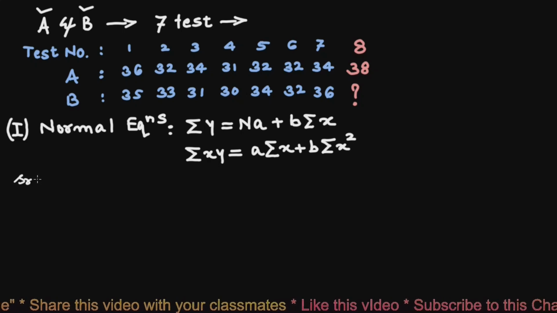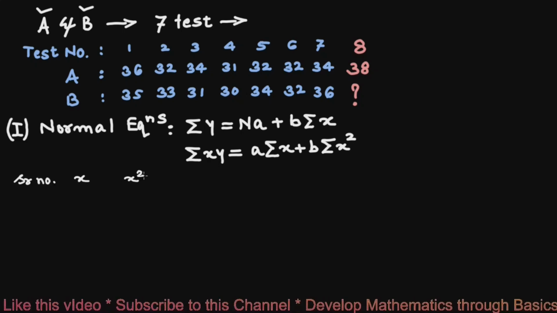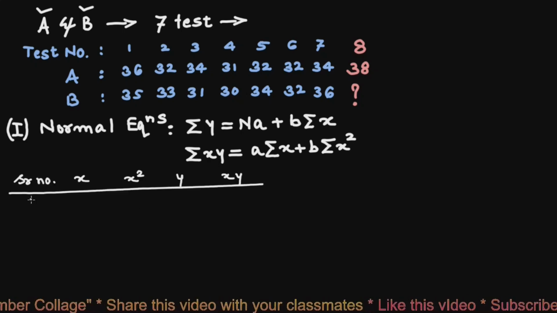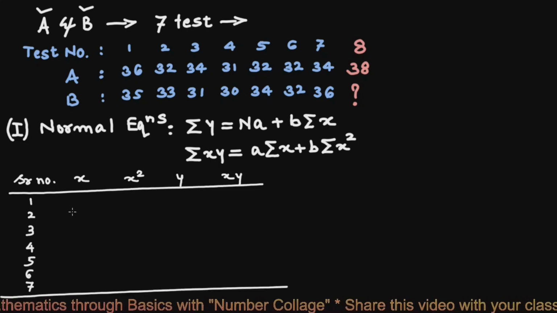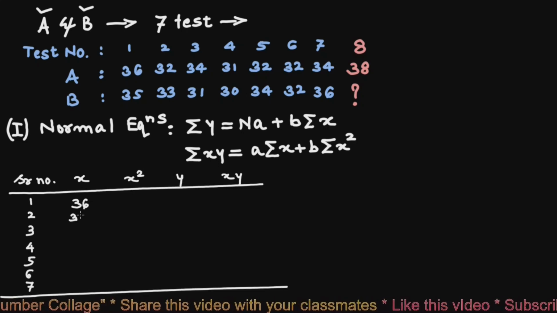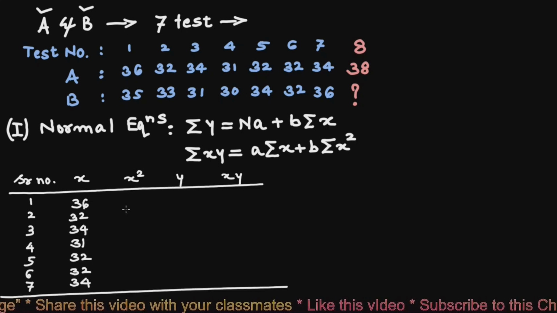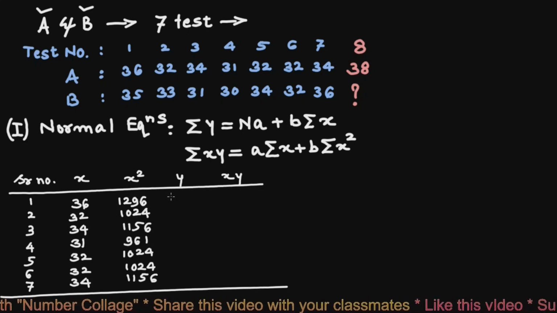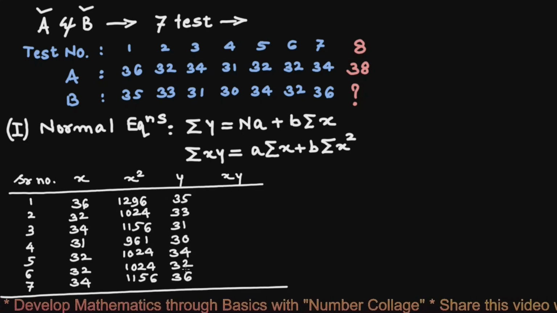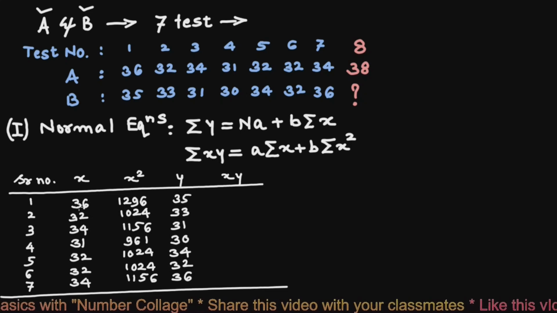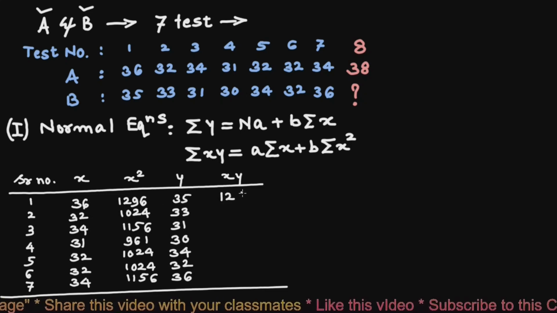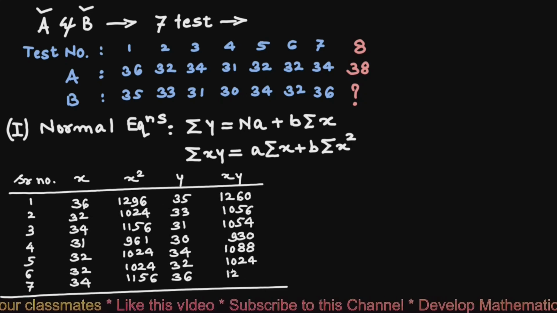So first, serial number, x, x square, y, xy. Serial numbers 1, values of x, 36, 32, 36 square, 1296. Values of y, 35, 36. Product xy, 36 into 35, 1260, 1224.